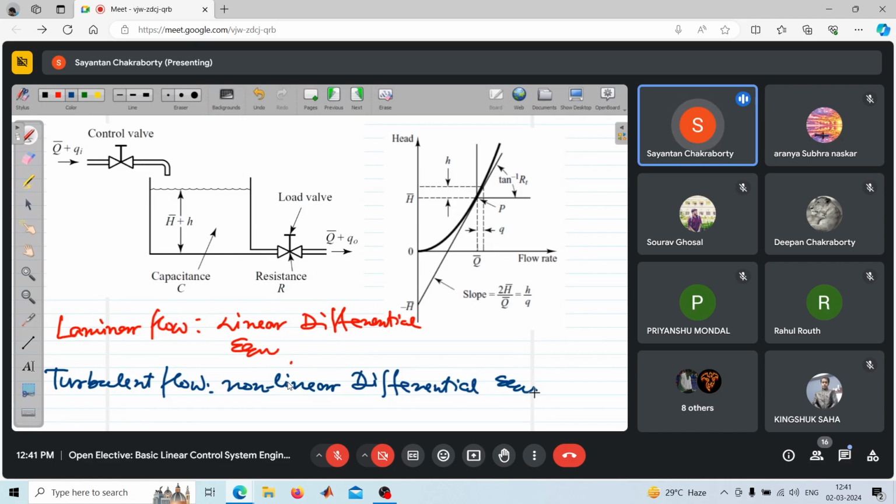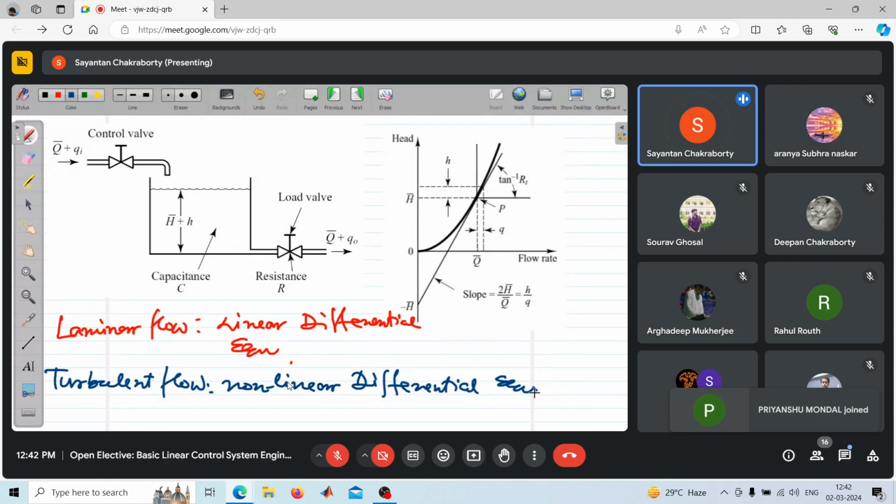Now, recapitulating the concept of linearization: if the region of operation is limited, that is, there would not be much deviation about the steady state operating point, then such nonlinear differential equations can be linearized around that operating point, and we can use that linear model as if we were modeling a laminar flow, provided the simplifying assumptions are valid.